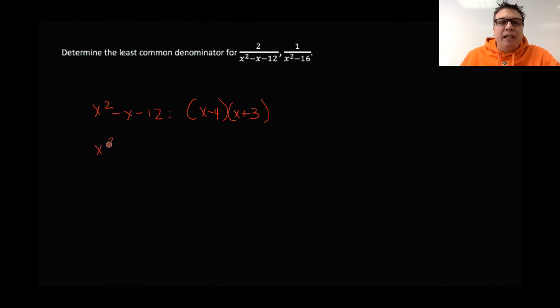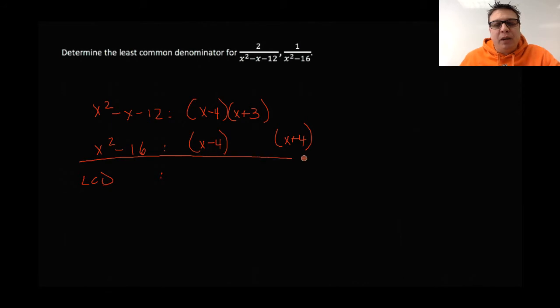So now I've got x squared minus 16. That's a difference of 2 squares, so then that would be an x minus 4 and then x plus 4. So my least common denominator for these two, again, is going to be bringing down all the factors. So I've got an x minus 4, which is taken care of by both of these.